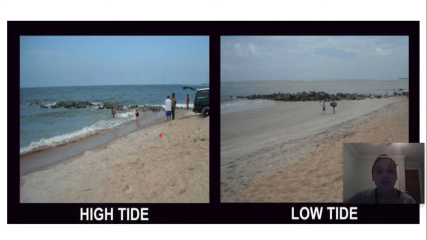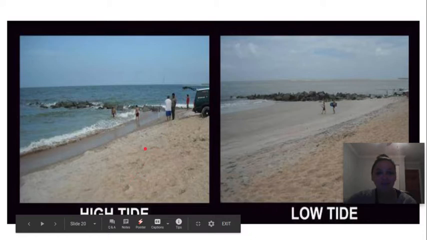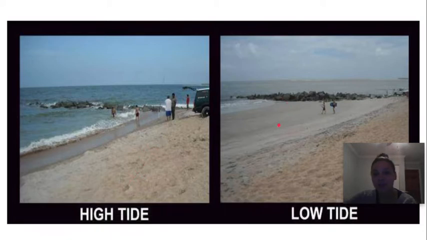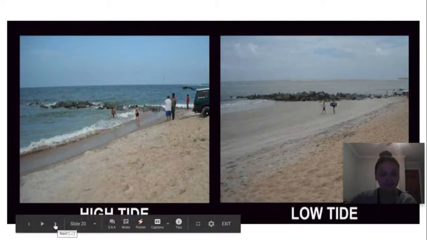And so, beach space is limited when it is high tide. And then later on in the day, you'll see that the water goes back out, and that we call low tide. And that is when it appears like there's much more beach area, more sand for you to sit. And so there are 2 low tides and 2 high tides every day. Okay, and we're going to read about why that is.